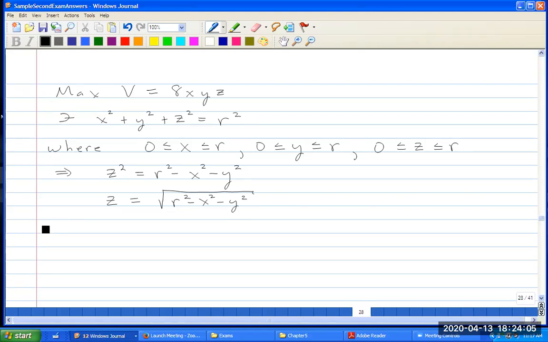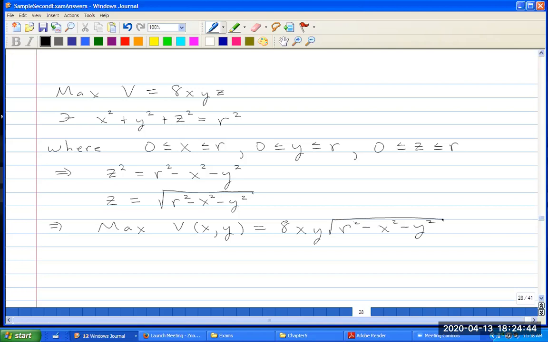So now I want to maximize the following function. And in this case, the function will only be a function of two variables, x and y. It'll be 8xy times the square root of r squared minus x squared minus y squared.